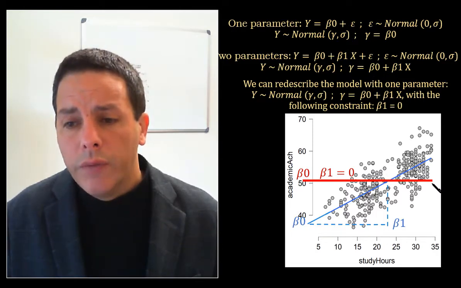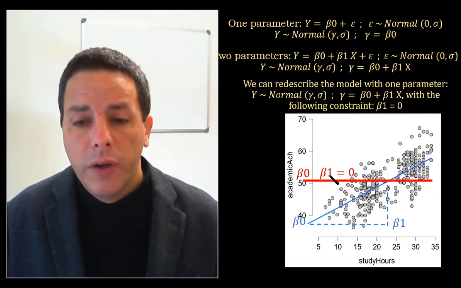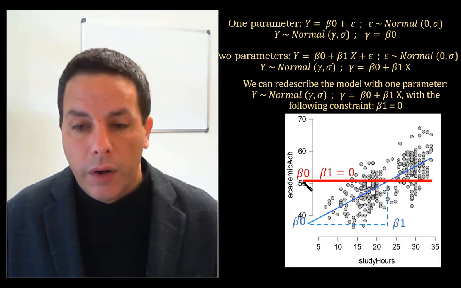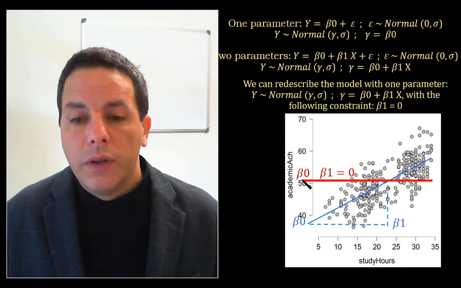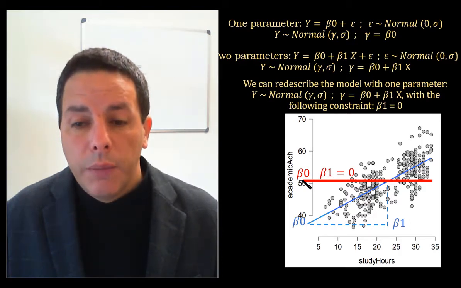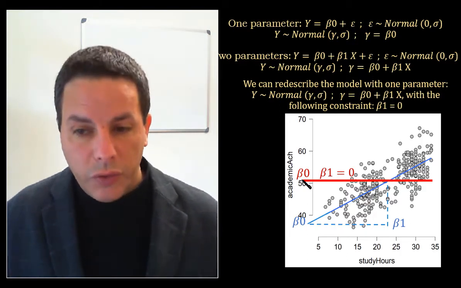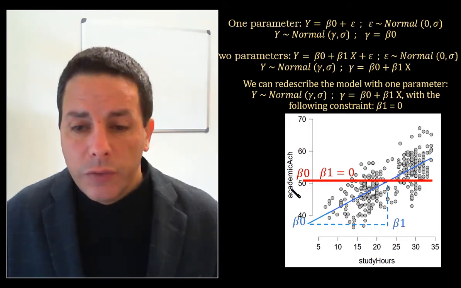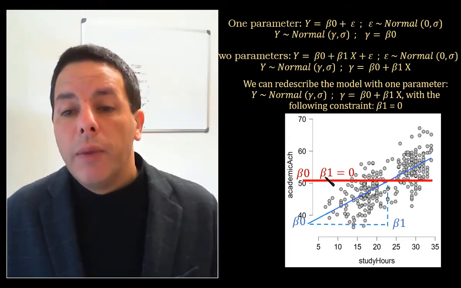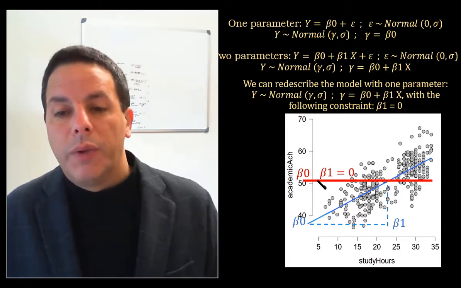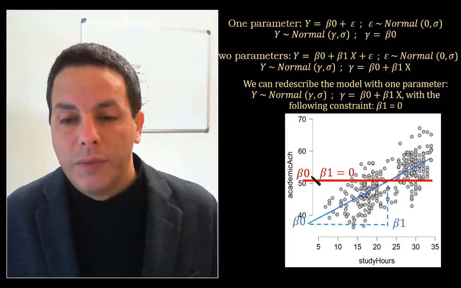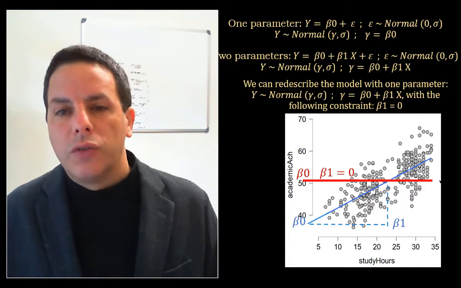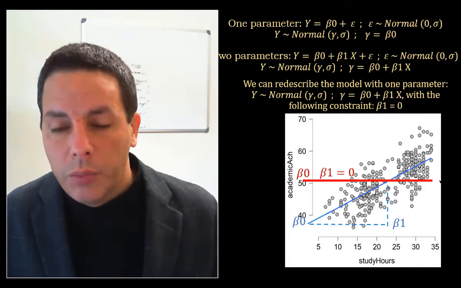In red, we've got the model with one parameter, in which the beta 0 will be around here, and this is the intercept, which corresponds to the mean of the variable y, which in this case is academic achievement, and the beta 1 is also 0. So basically there is no slope. That's why it's a straight horizontal line without any slope.